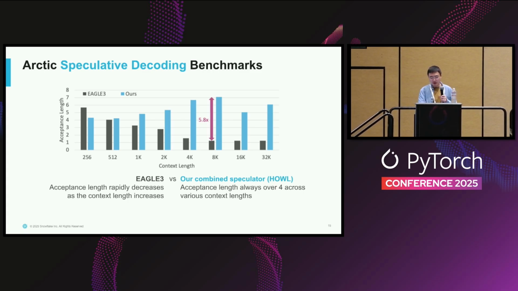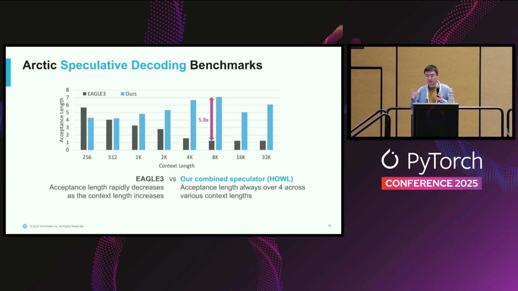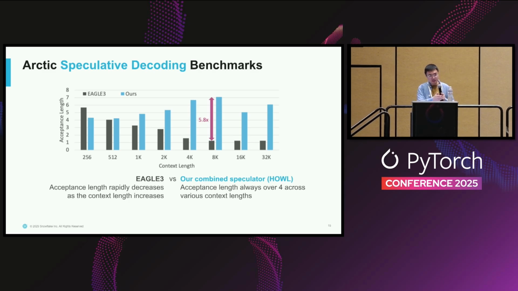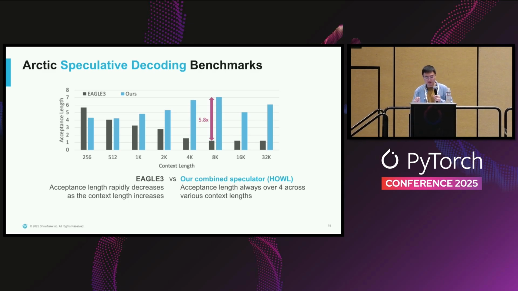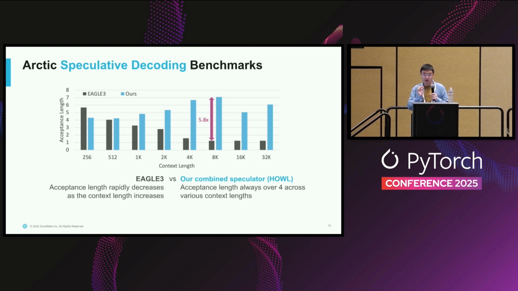We tested a model called Eagle 3, which is a pretty recent state-of-the-art speculative decoding technique. And we found that it degrades pretty rapidly as the context length increases, which is kind of interesting. But when we tried our combined Arctic Speculator, it works very, very well, even for the longest context lengths.